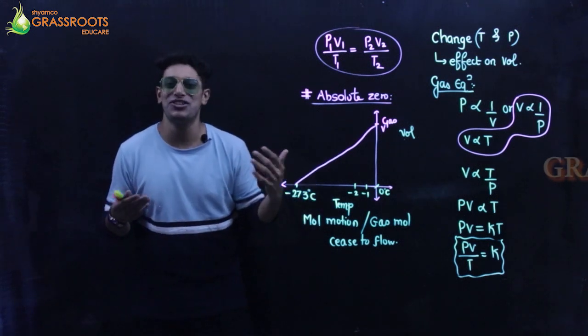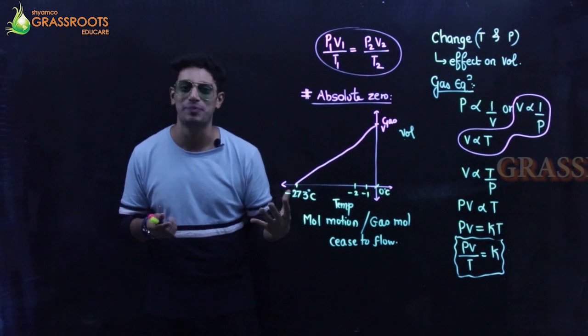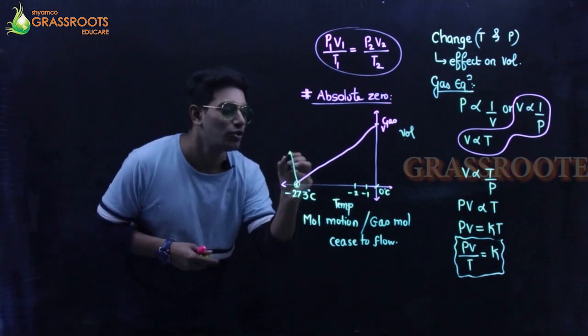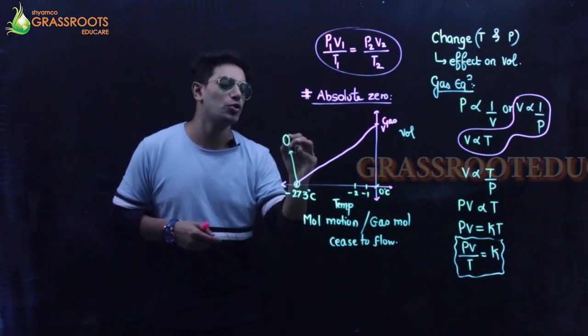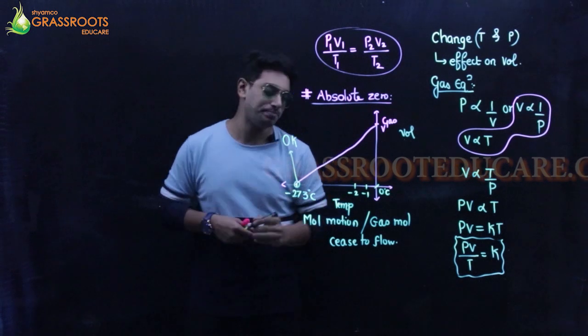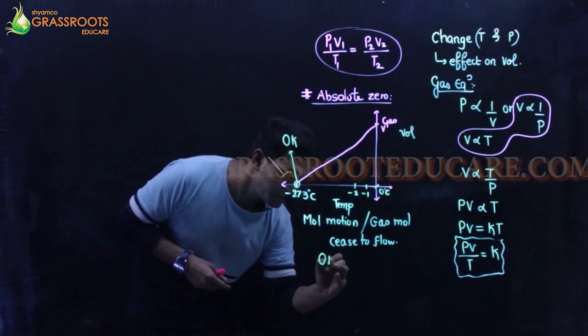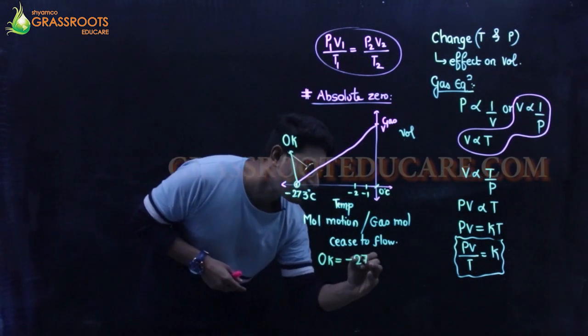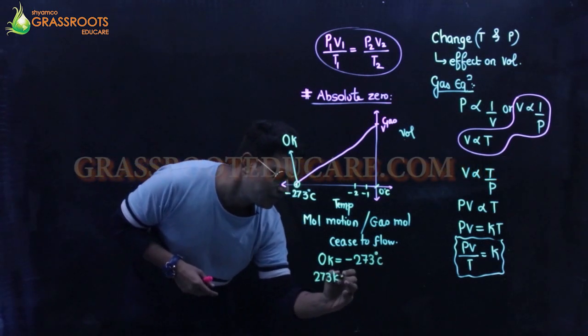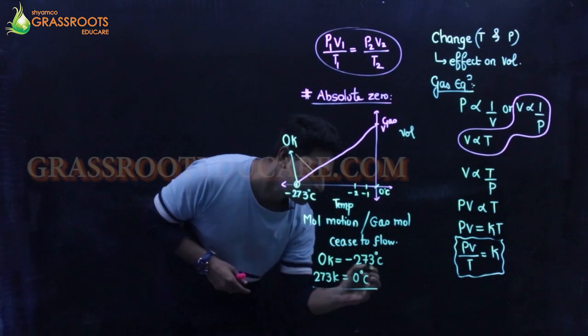It's an imaginary condition, like a vacuum. Alright, and this temperature is called absolute zero, which we also call 0 Kelvin. So remember, 0 Kelvin is as good as minus 273 degrees Celsius, or 273 Kelvin is equal to 0 degrees Celsius.